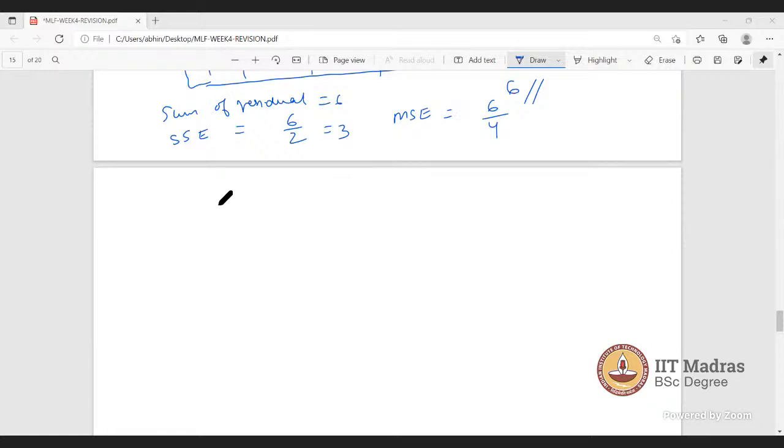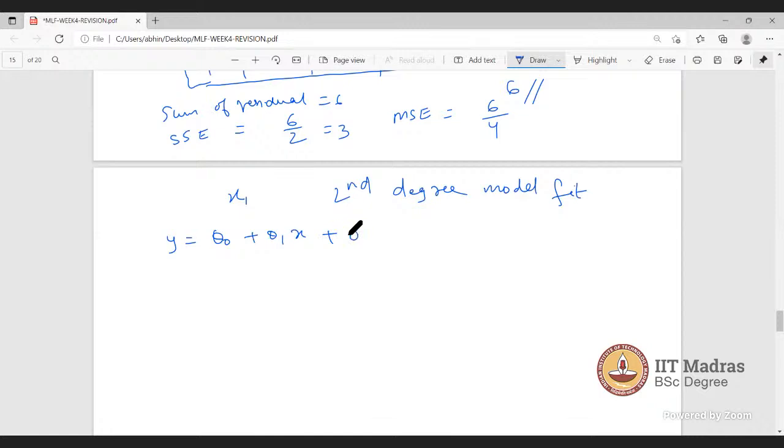Suppose I have feature x1 and I have to do a second degree model fit. Suppose my model that I choose to fit is like this. Now, suppose the data given is like this, y and x. Suppose x given is 1, 2, 4. Corresponding y's are 4, 16, 19.